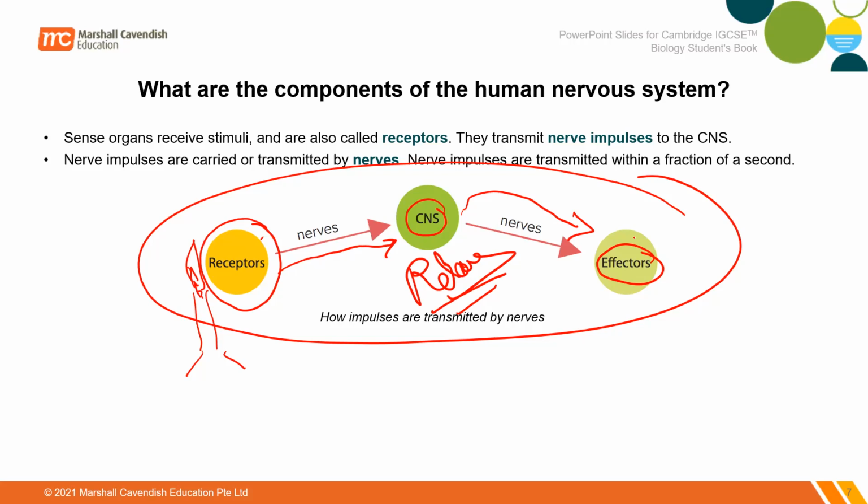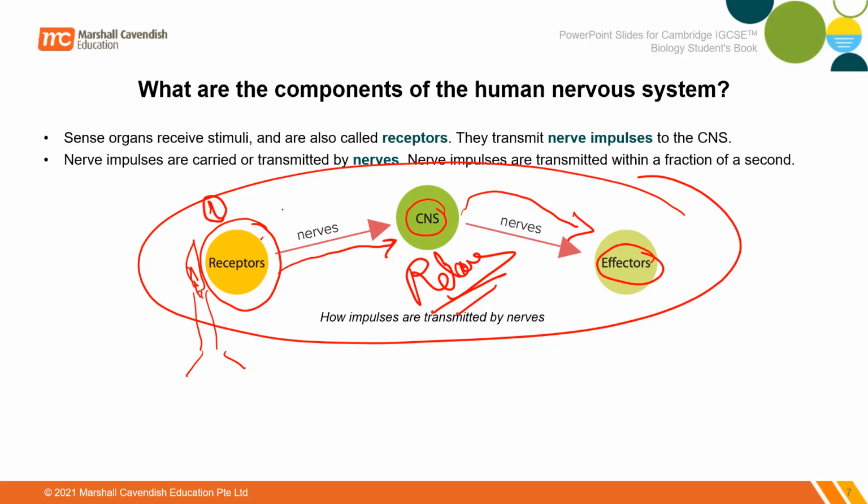So if the examiner asks you to organize, arrange, or write the letters in a question like this, you should know that all of the actions are arranged starting from receptors, then sensory neurons. So number one, receptors.